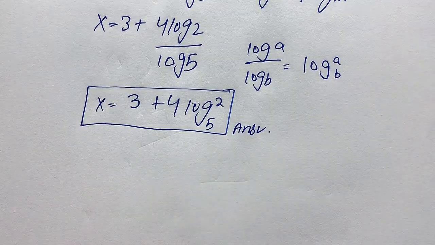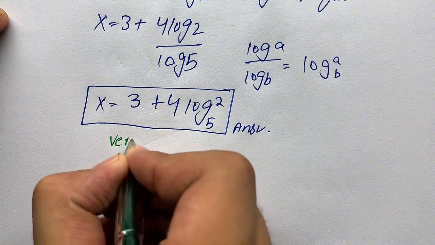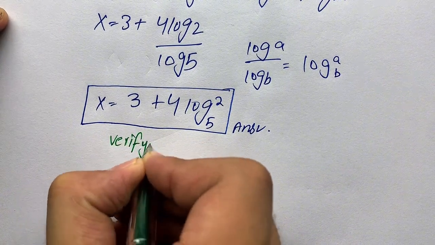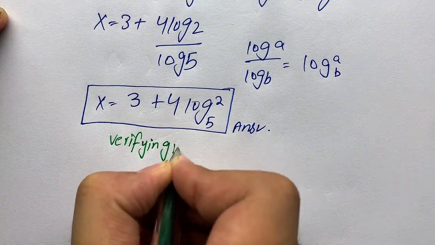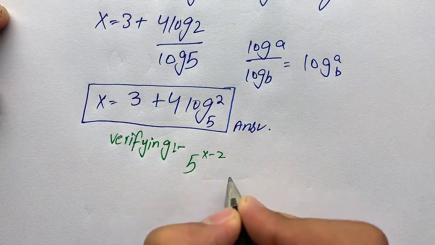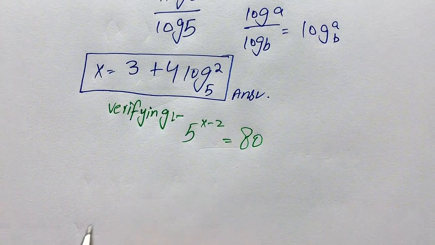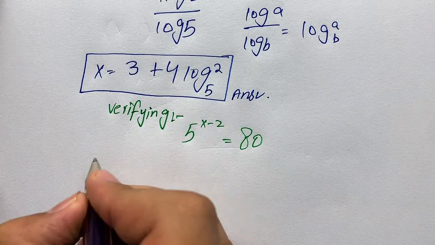Now we are verifying this. Our question is 5 to the power x minus 2 is equal to 80. And our x is 3 plus 4 log of 2 base 5.